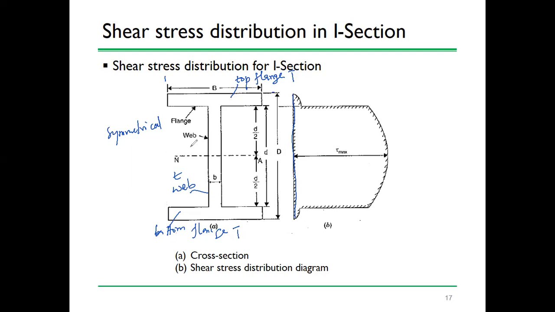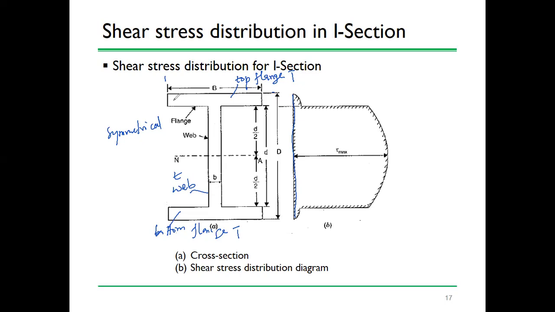And this neutral axis is passing through the middle of the small d because it's a symmetrical section. And if that is the case, this is what you have as your shear stress variation diagram.